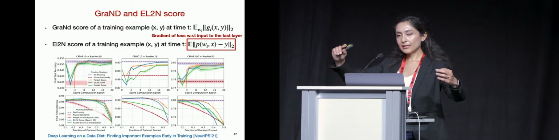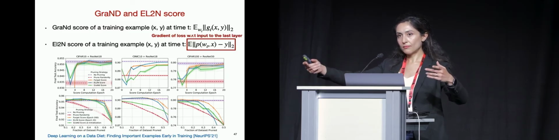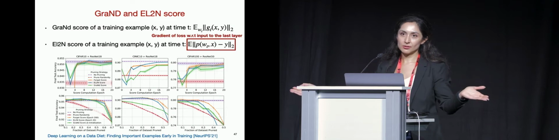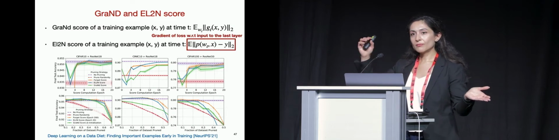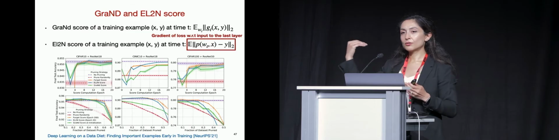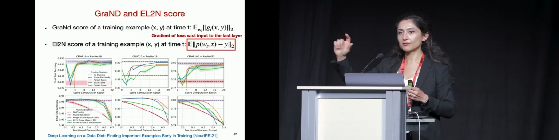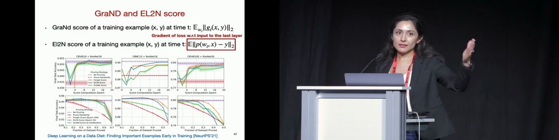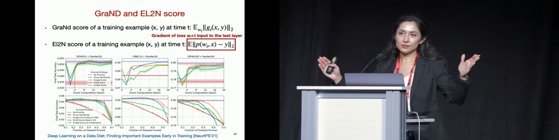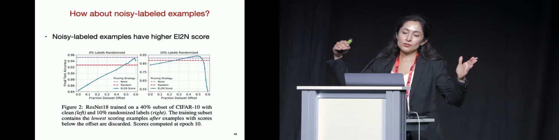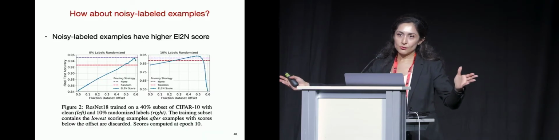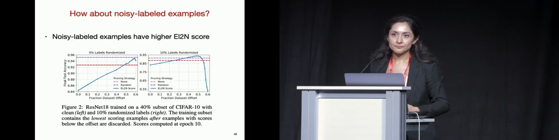We calculate the average gradient norm of different examples. When I say gradient norm, you can think of the gradient that I was using, the last layer gradient, the norm of the logits, right? We calculate the expected norm of the logits for all the examples over these 10 different training runs. We choose the examples with the largest expected gradient norm.